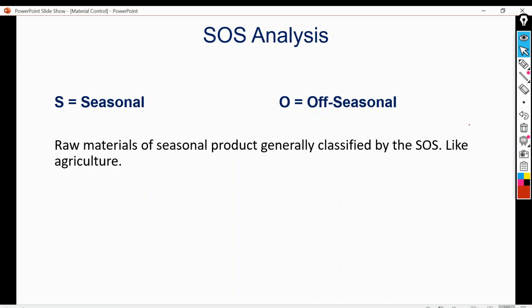Means in their godown there are such types of material, seasonal and off-seasonal, which depend on whether the factory or manufacturing house produces goods on a seasonal basis.